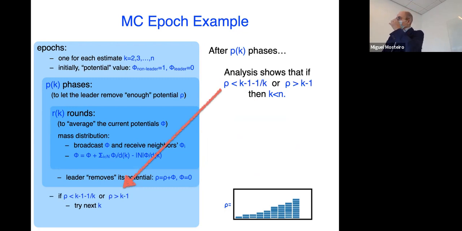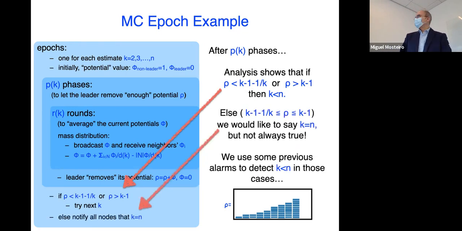We know that if the potential is below some threshold or above some threshold, the estimate k is still small. But the opposite is not necessarily true. We would like to say that if it is within this range, k is equal to n, but we need some previous alarms to detect when k is really small, to detect that k is smaller than n.